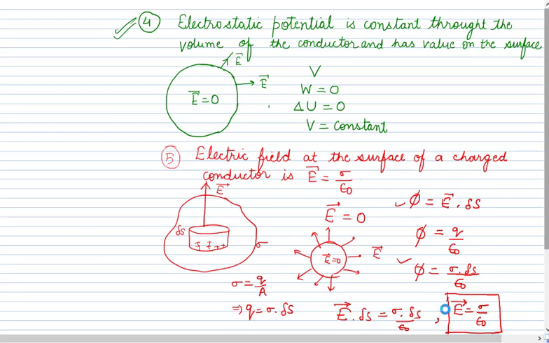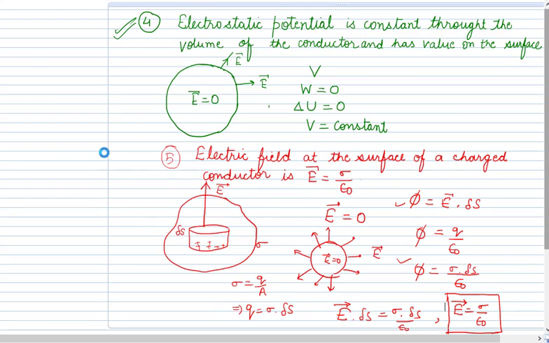All these 5 points you should always remember for the conductor. Let's have a quick look at all the 5 points we have just done for the conductor. So these were our initial 3 points.